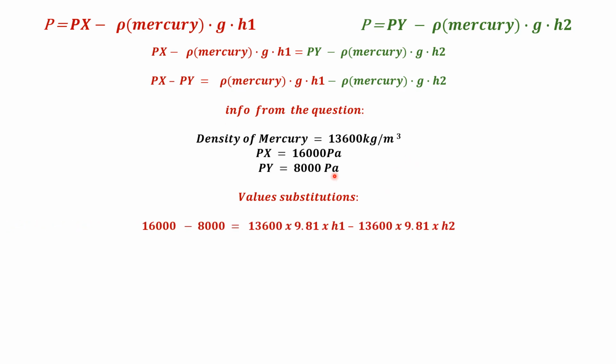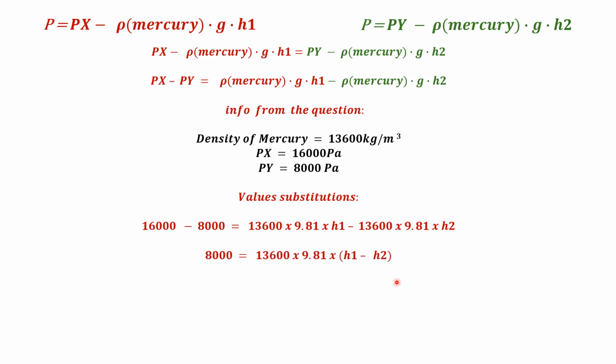So Px minus Py on this side is equal to the density of the mercury times G times height 1, H1, minus the density of the mercury times G times H2.